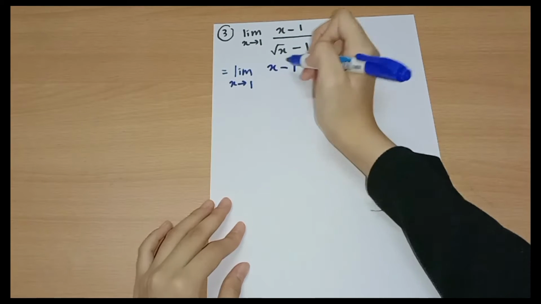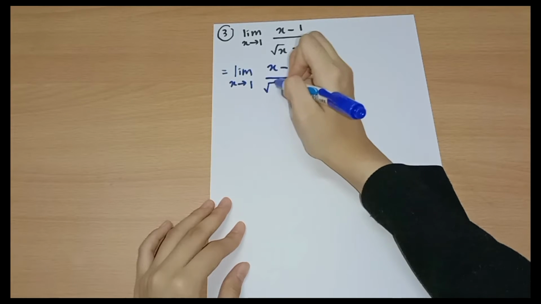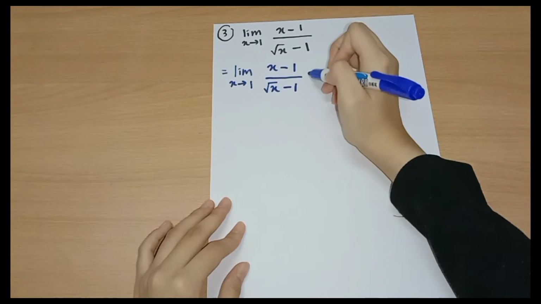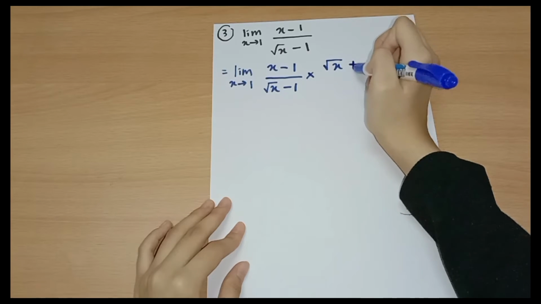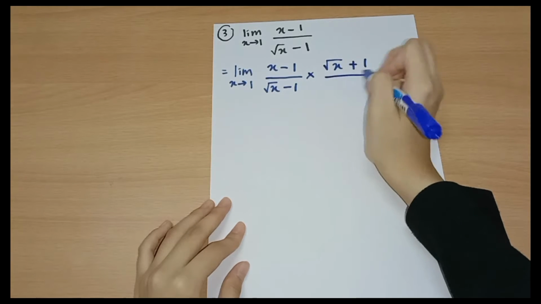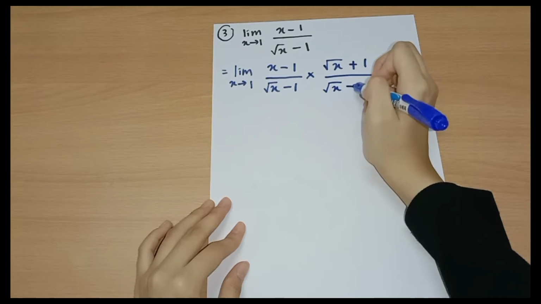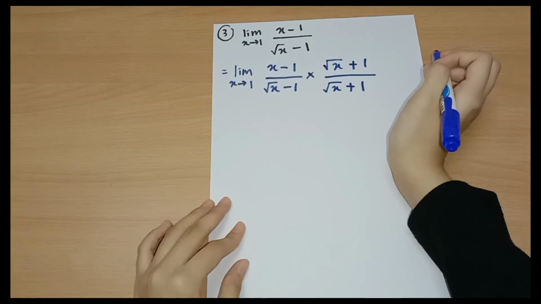So x minus 1 over square root of x minus 1 multiply with its conjugate, which is square root of x plus 1. We multiply the numerator and denominator with its conjugate.